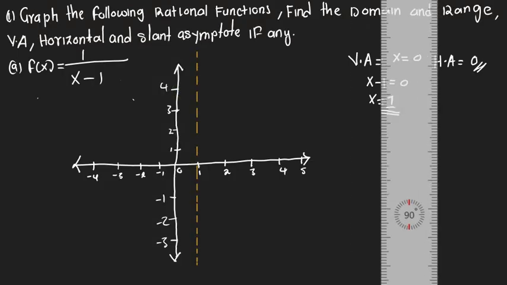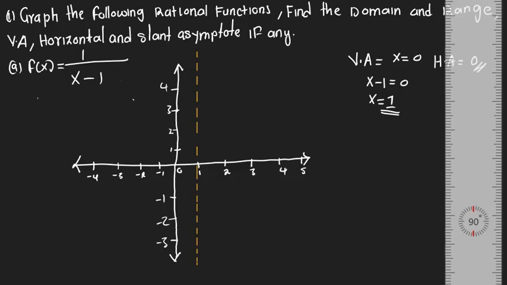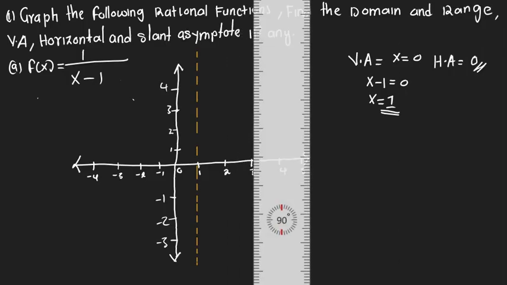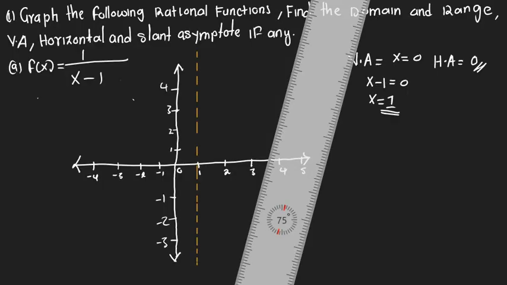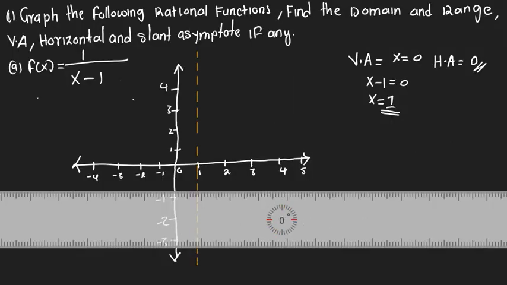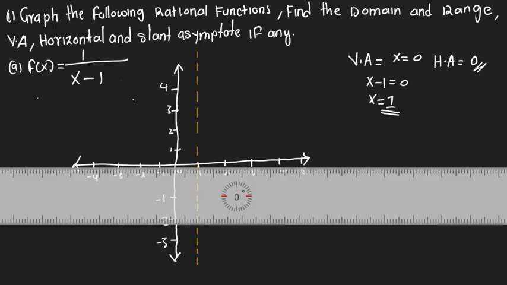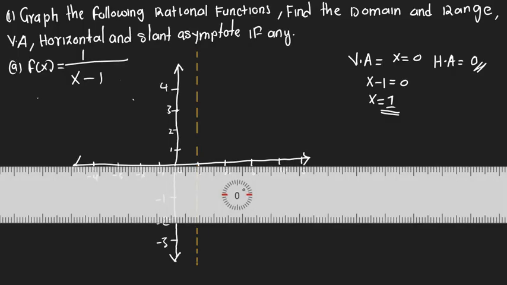Okay, I've plotted my vertical asymptote. Then I need to plot my horizontal asymptote. Okay, my horizontal asymptote is 0, so the same thing again. I'll do the same thing even here. So my horizontal asymptote is here.